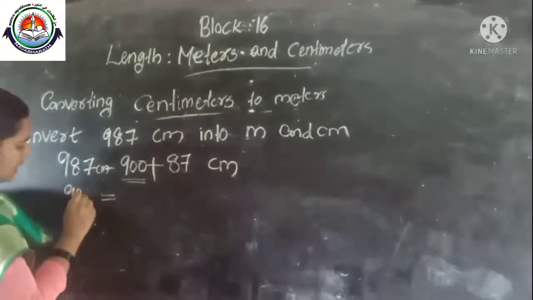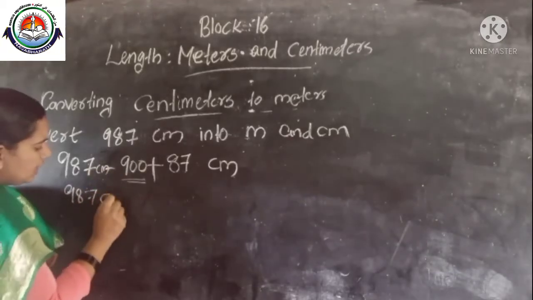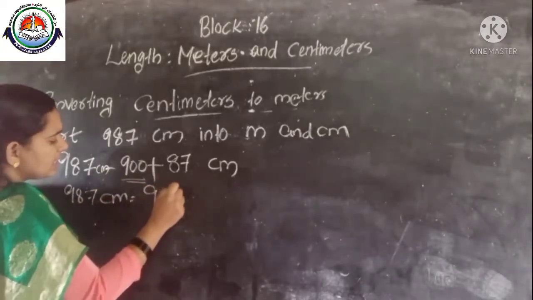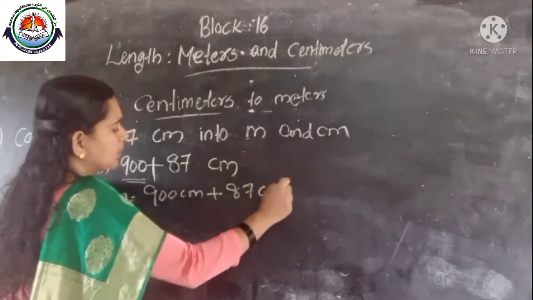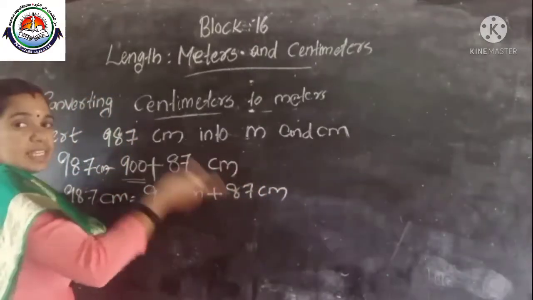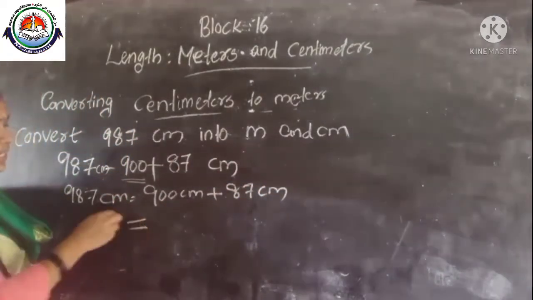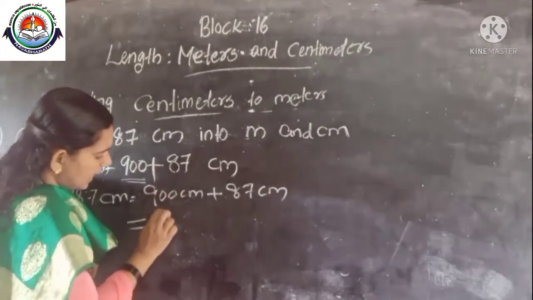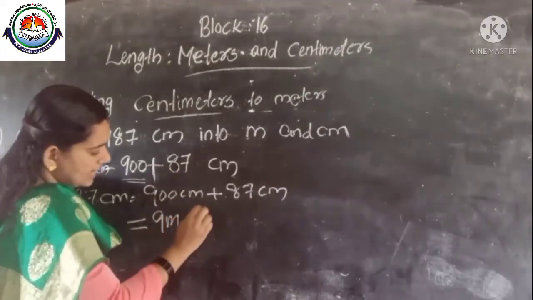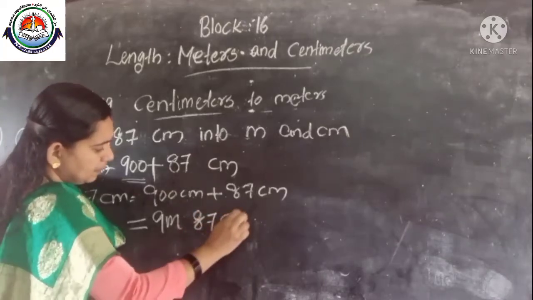Then 987 centimeter we can write as 900 centimeter plus 87 centimeter. Then 900 centimeter means how much meter? Remove those 2 zeros, 9 meter. Then 87 centimeter.